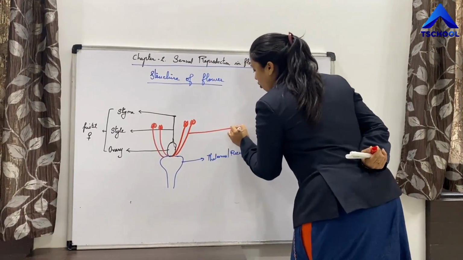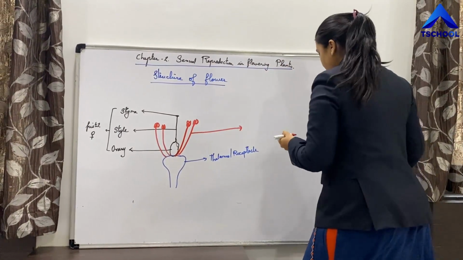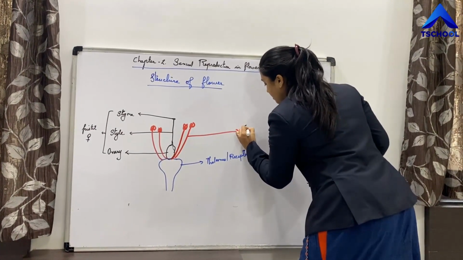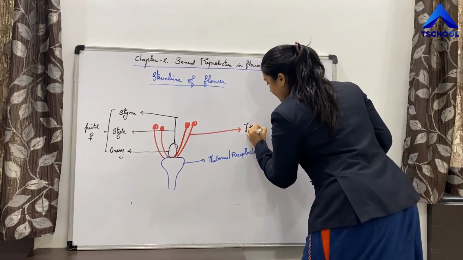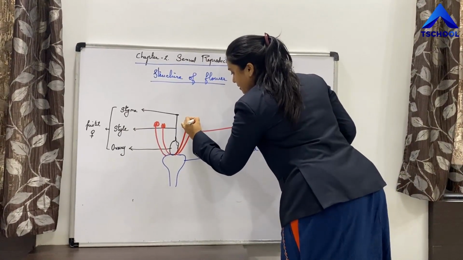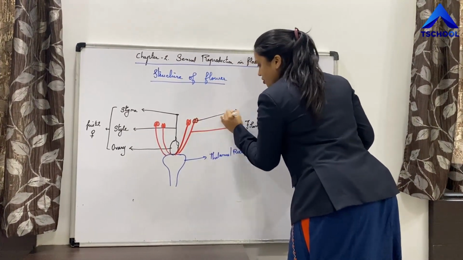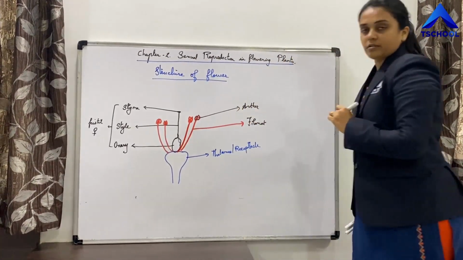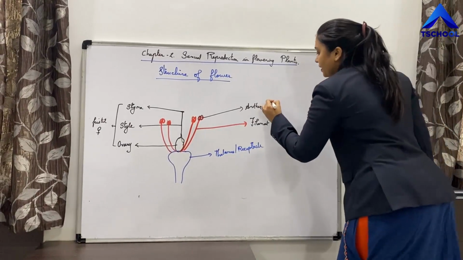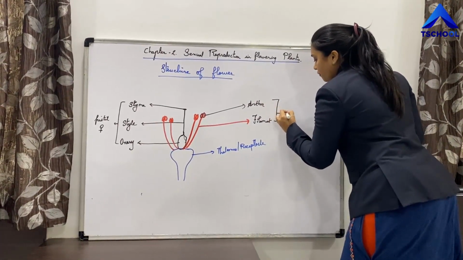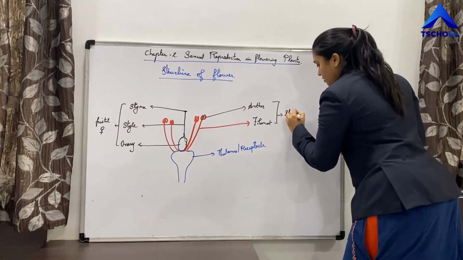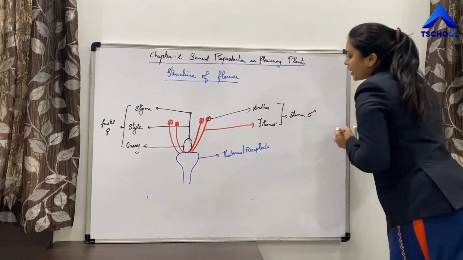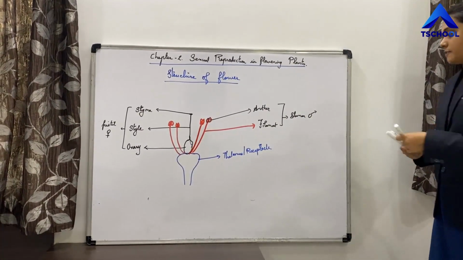It consists of a long slender structure again which is called the filament, and these are the lobe-like structures which are called the anther. This anther and filament together form the stamen, which is a part of the male reproductive system.